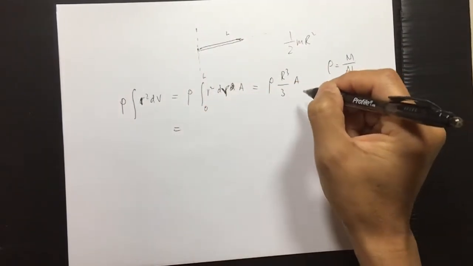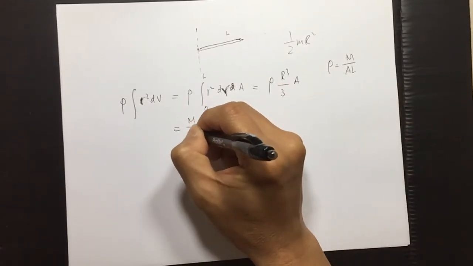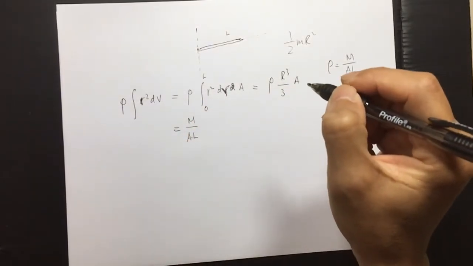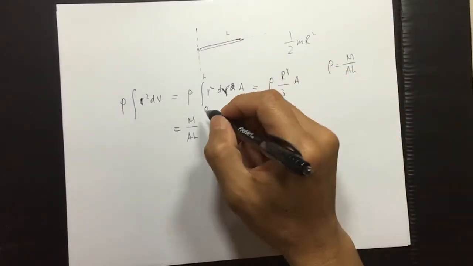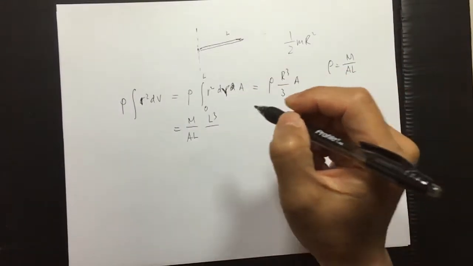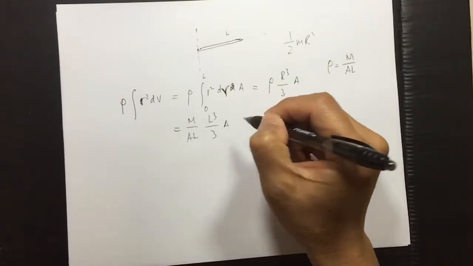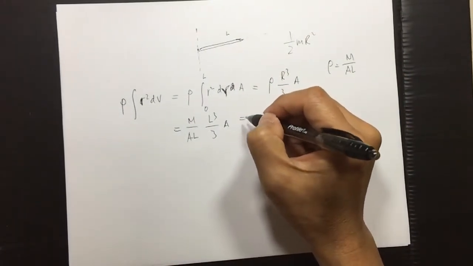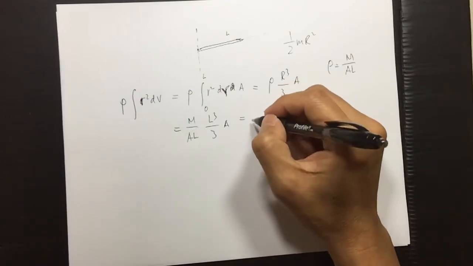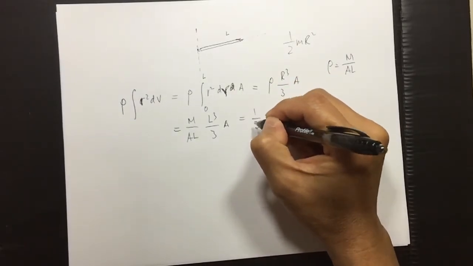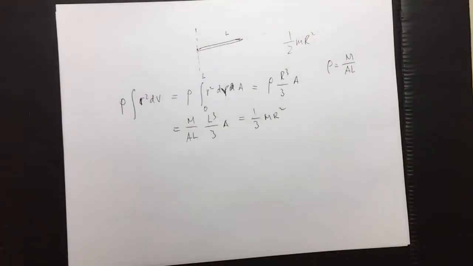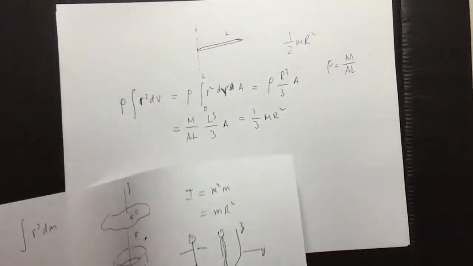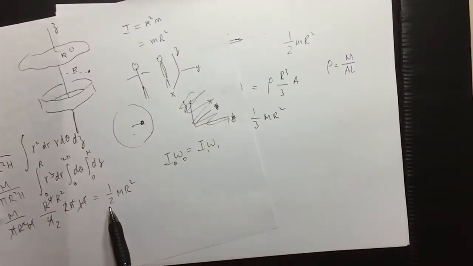This equals m over A L, with r being L, L cubed over 3 A. So this equals, canceling out the A and L, m r squared over 3. So this is half for the disc, this is 1/3.